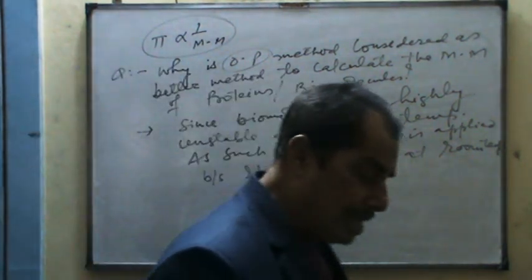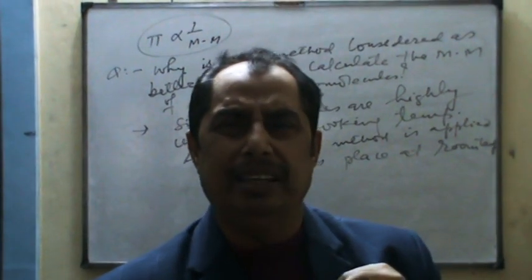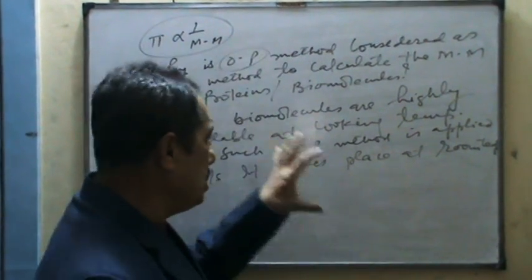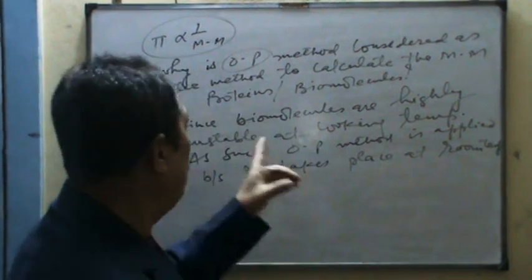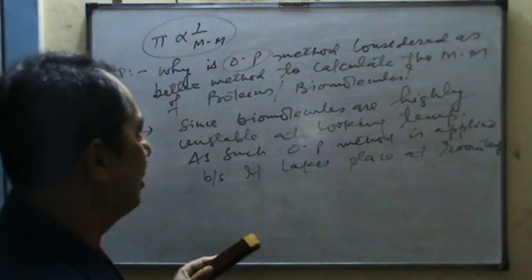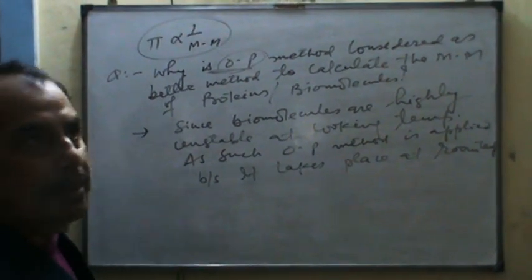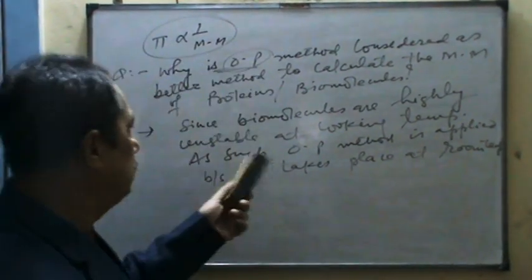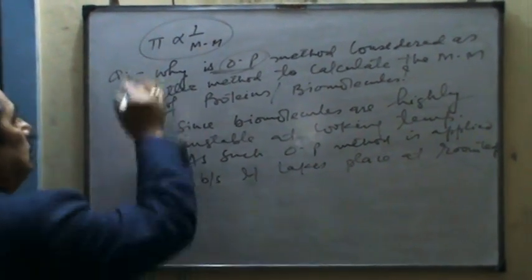And in another way you can say, in the rest of the colligative properties, the value will be very negligible. That is why here at least we can get reasonable values, that is molar mass of protein and all that. Protein, biomolecules, DNA, whatsoever it is, or polymer. So only the osmotic pressure method is applied to calculate the molar mass of non-volatile solutes like polymers, proteins, biomolecules especially.